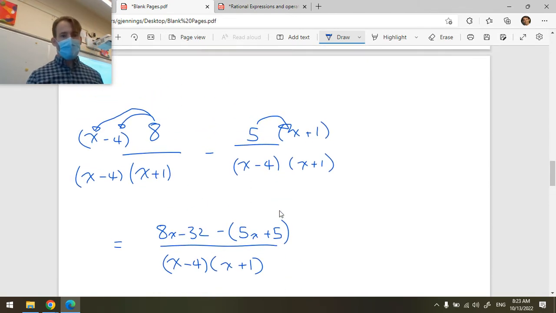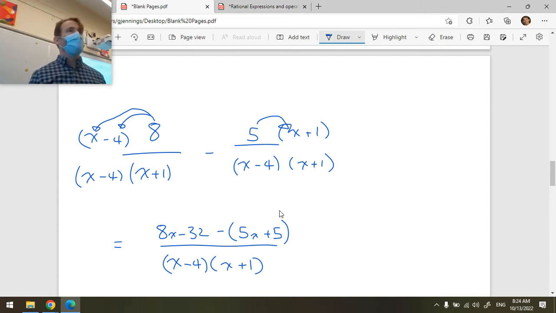If I check up here, when x is 0, it's 8 minus 5 over negative 4. Yeah, that sort of feels like it would be a positive number. 8 minus 5 over 4, that's 32 minus 5 over 4. That's indeed what we had. Wait, no, it's plus 5. It's 37 over 4. Yeah.